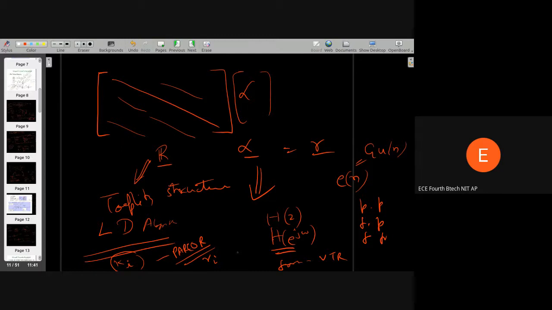So once you know the reflection coefficients, you can estimate how the cross-sectional area is varying from one tube to another. But these are the various fallouts, various advantages of LP analysis, and why LP analysis is one of the most important techniques in speech processing.